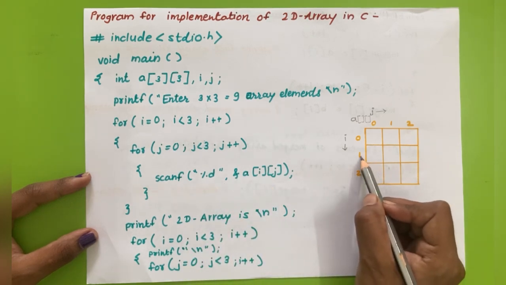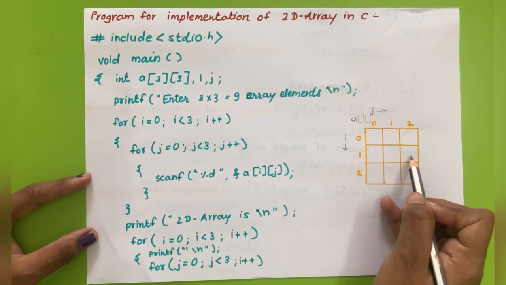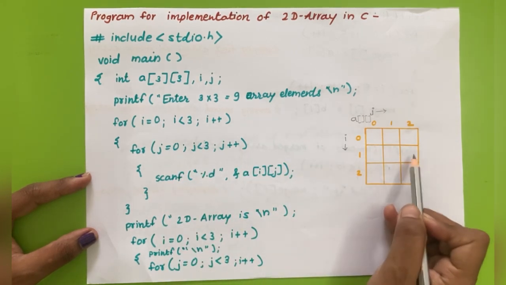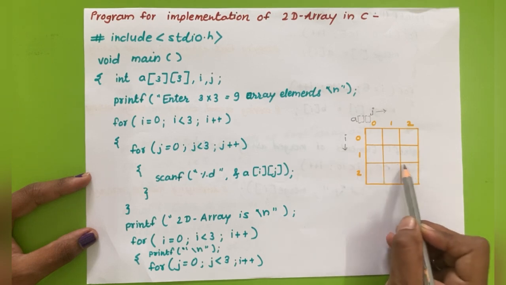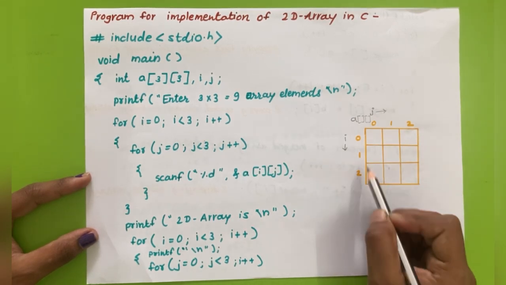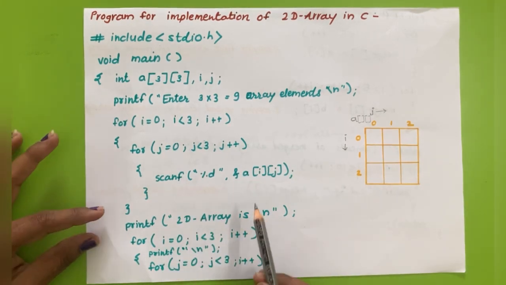Okay, so now when I is equal to 1, the j values will be repeated 3 times. Again after completion of this row, I will be incremented and for this value of I, j will be repeated 3 times. Okay, so a total of 9 entries will be filled up and accepted from the user.